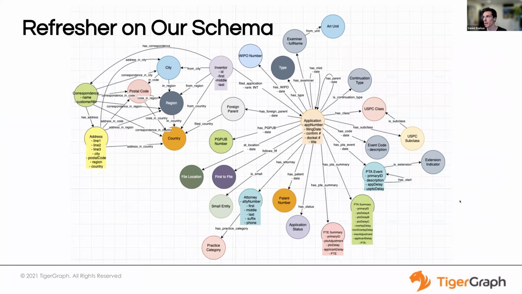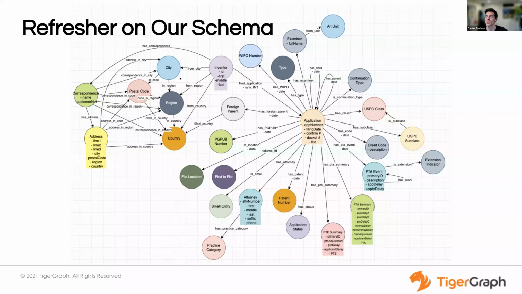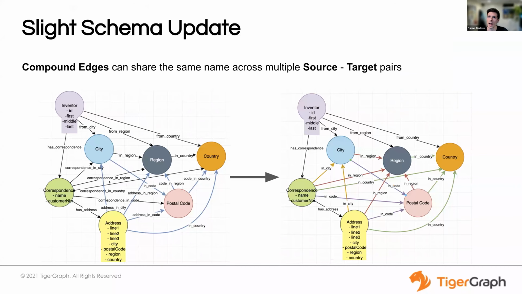If we look at the upper left region of our graph, the area which corresponds to the locations, we'll see that in our initial schema, we had a bunch of these edges that were unique. So for example, correspondence in city, correspondence in region, address in region, code in region. All of these edges, while they do have different names, represent more or less the same thing.